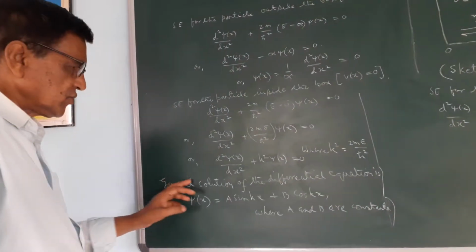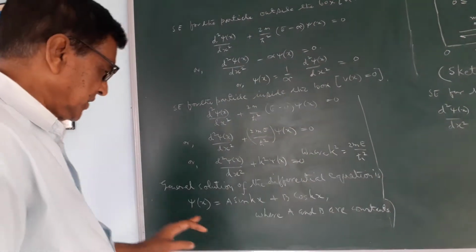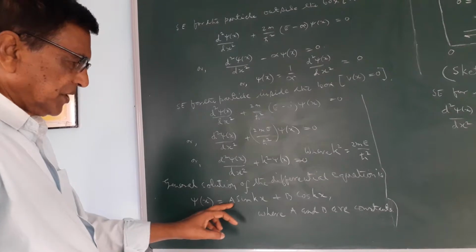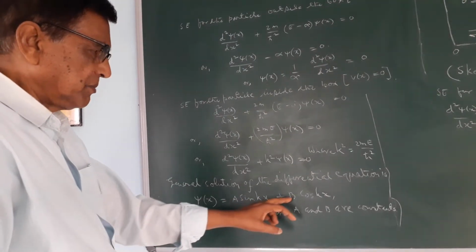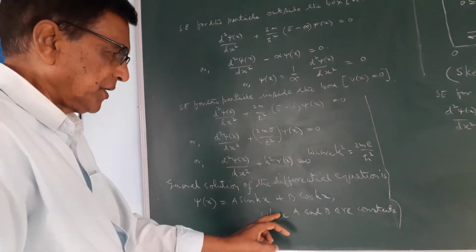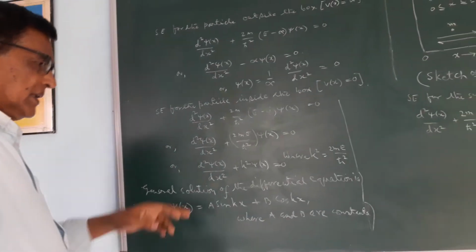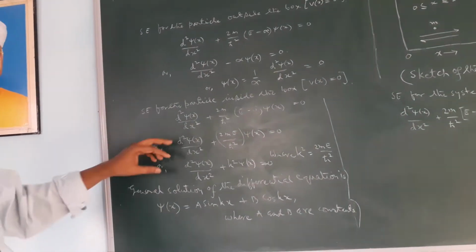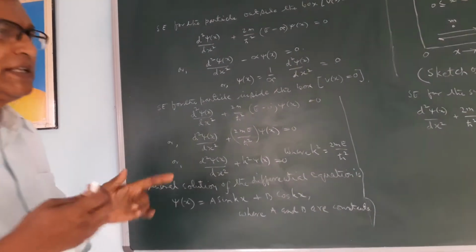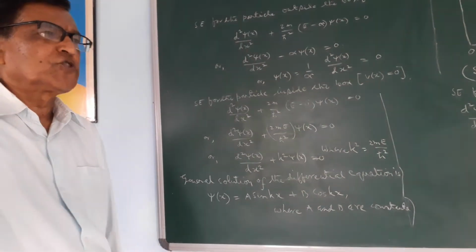So the general solution of this differential equation is ψ(x) = A sin kx + B cos kx, where A and B are constants. It is a second-order differential equation, so it will give a number of solutions.